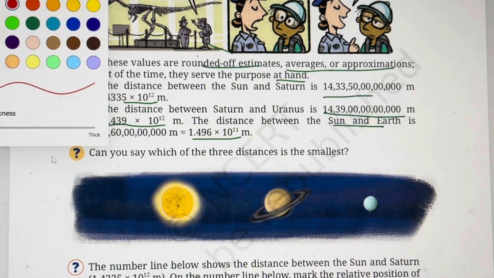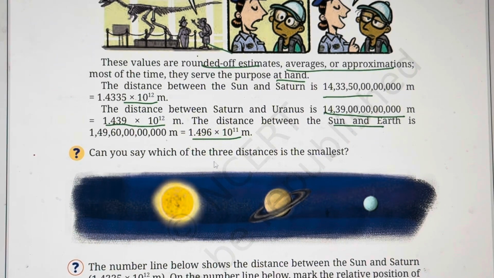Right? So can you say which of these three distances is the smallest? So as I told you, these numbers, x, the value of x is not important for us. What is important is the value of y. In these two cases, if you want to compare these two, then this value may be important. Otherwise, both are 10 raised to 12. But if we see this one, this is 10 raised to 11.